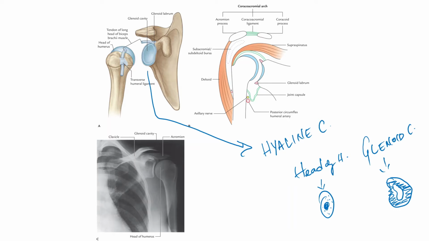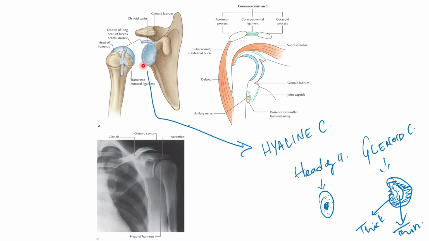So when we see the glenoid cavity, the arrangement of the cartilage is thick at the periphery and thin at the center. So this is about the arrangement of the hyaline cartilage over the head of the humerus and the glenoid cavity. So the articular surfaces of both the bones are covered by the hyaline type of cartilage.